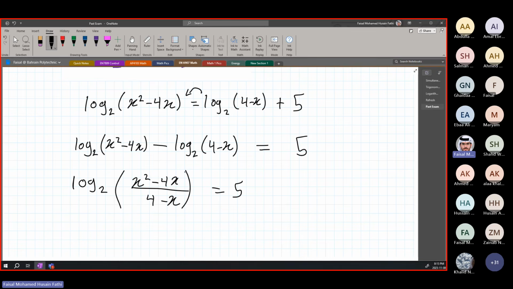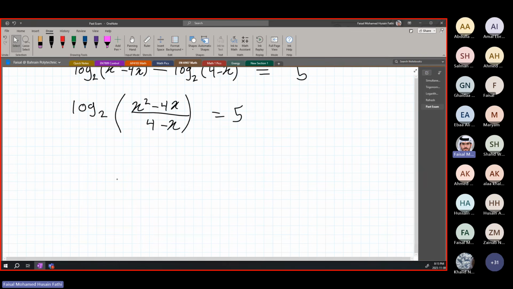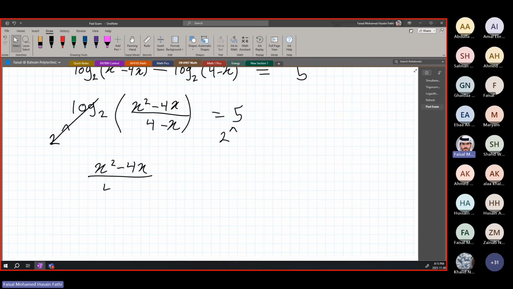We simplified it. Now what was the log rule? What does it mean? It means log base 2 of this is equal to 5, so the power of the base will be 5. That means if we want to simplify it and remove the log, we raise both sides to the power of 2, so 2 exponent this and 2 exponent that. The 2 exponent cancels with the log, so we are left with x squared minus 4x over 4 minus x is equal to 2 to the power of 5.